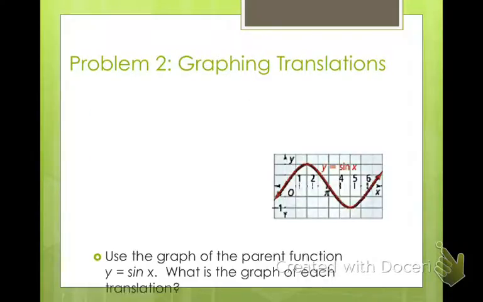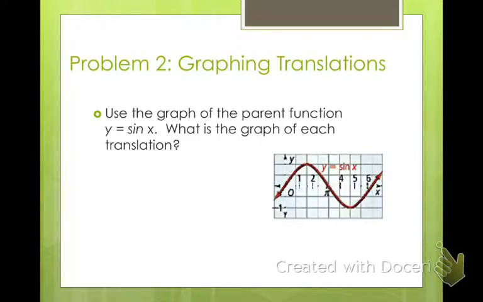Alright, graphing translations. Here we have the graph of y equals sine x. And we're going to graph the translation. If we were to graph y equals sine of x plus 3, all that we would do is, since this value is on the end, this plus 3, we just take every value and move it up 3 on our graph.